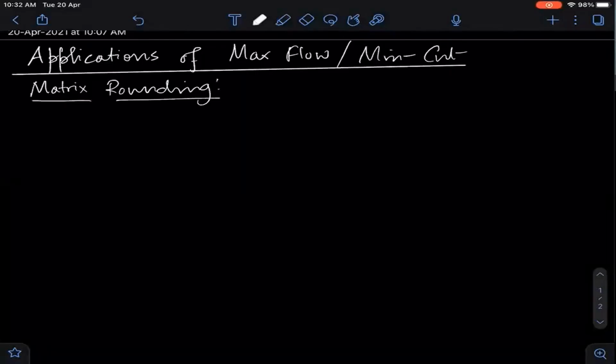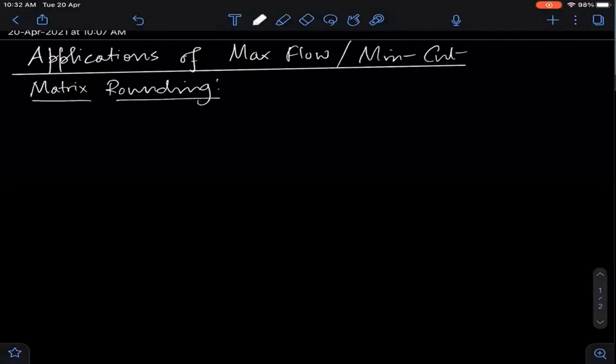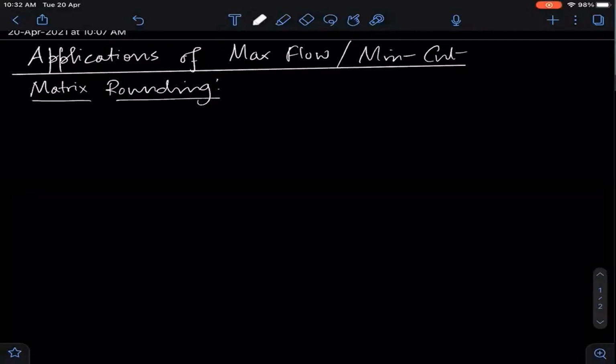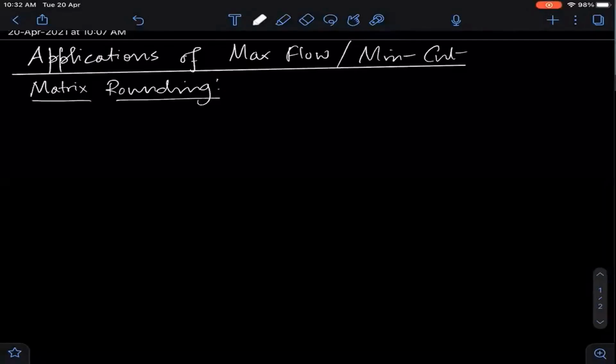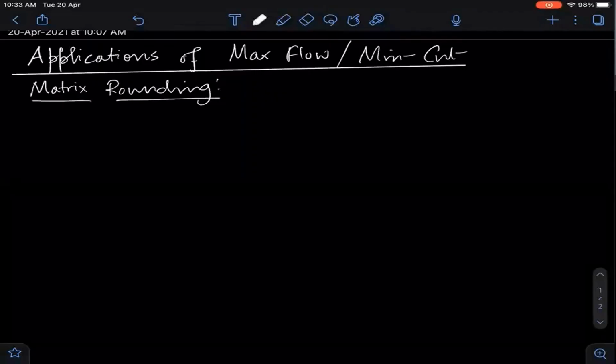Do you have any doubt or any questions about max flow min cuts in general, something which is unclear, even if you didn't understand all the proofs in detail? Let's talk a bit about that today. Hopefully some of the things will become more clear if they are not already.